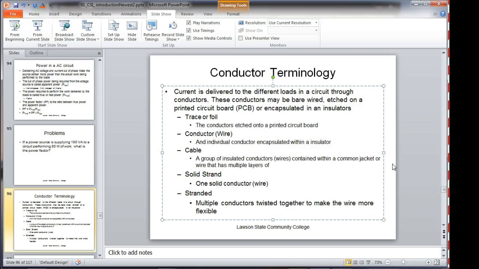And so we call those cables because they're built out of multiple layers. You have one wire, and then you have multiple layers of insulation in there for protection.